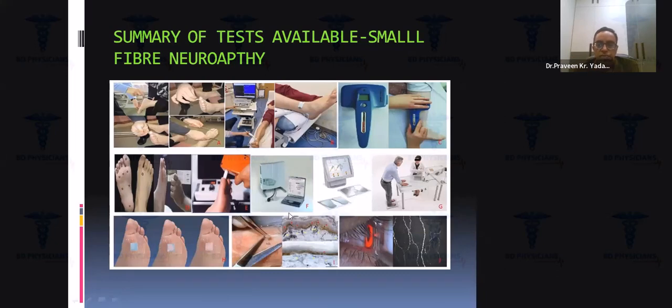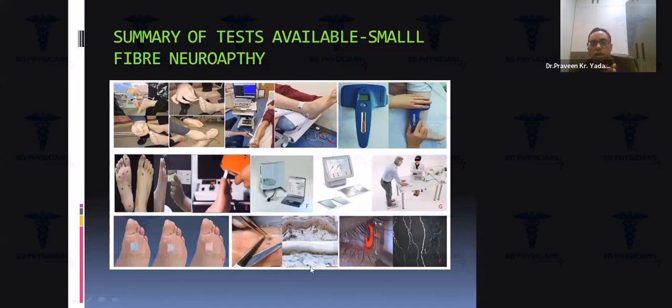But there are new tests which have arrived, like the Sudoscan test, which tests the chloride conductance of the sweat, and it is quite handy and easy to do, and the sensitivity of this test is more compared to the other tests which were available. So this is one test which is coming up, and then you can look at the color changes by some card test. This is a skin punch biopsy, which I've already mentioned.